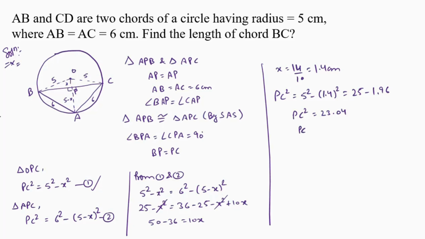So PC equals to 4.8 centimeter. Also BC is equal to twice of PC, as BP equal to PC. We have proved this earlier. So the length of BC is twice of PC, that is 2 times 4.8 centimeter, that is 9.6 centimeter.